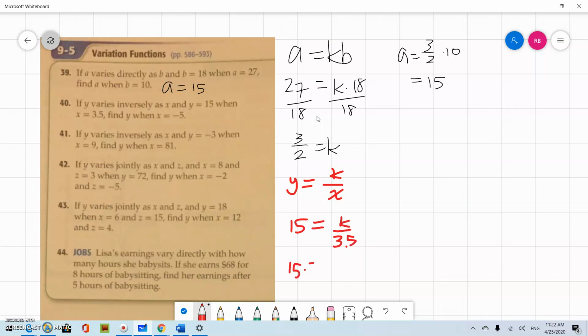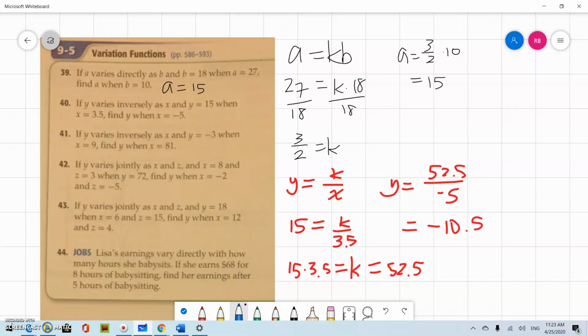So to find k, we need to multiply them together. So then k is 52.5. And it's asking what is y when x is negative 5. So we just divide it by negative 5. So it's negative 10.5.